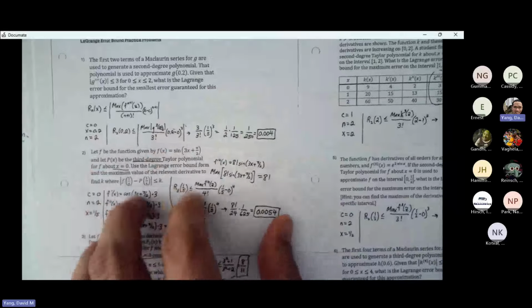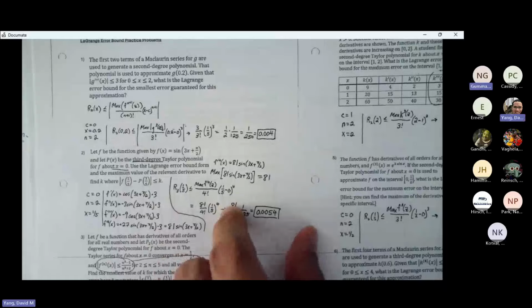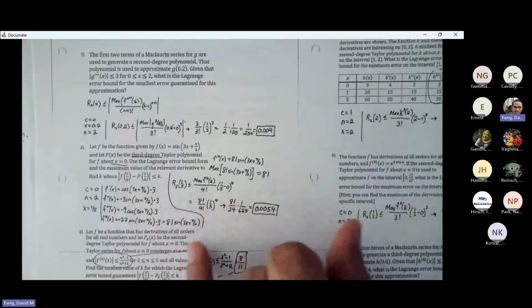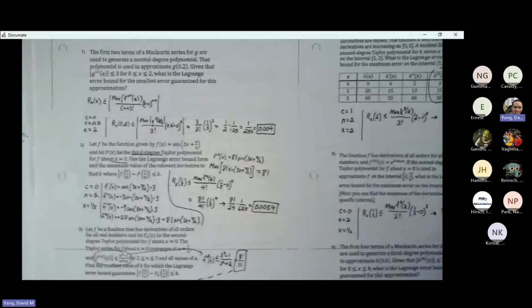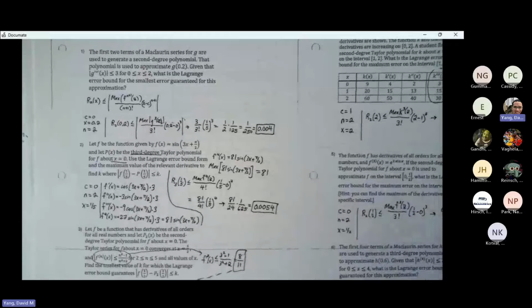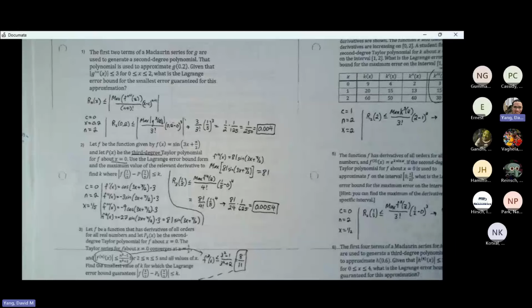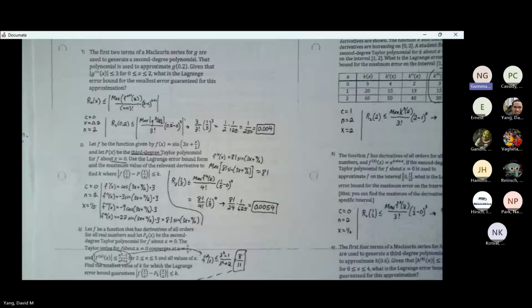I think for Lagrange error bound, either they tell you or they give you a bunch of terms in the rule of sequence where you can obviously tell that it's not alternating in sign. So if it's not alternating in sign, I could just do it straight away.